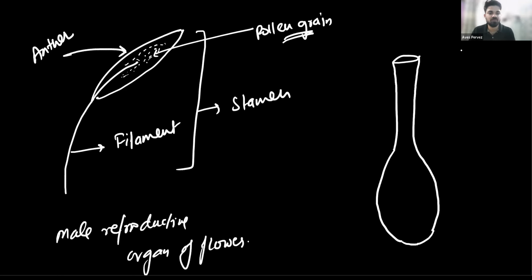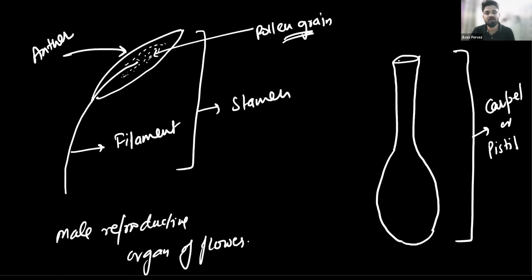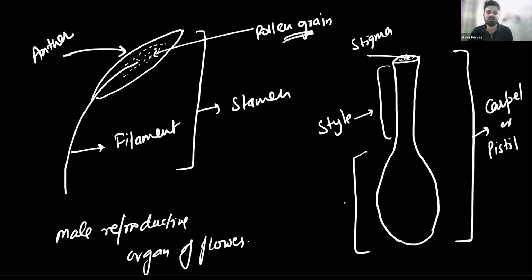The whole together is called carpel or pistil, but it has three parts. The top part is called stigma. This tube-like structure is called style. And this bulb-like structure is called ovary.